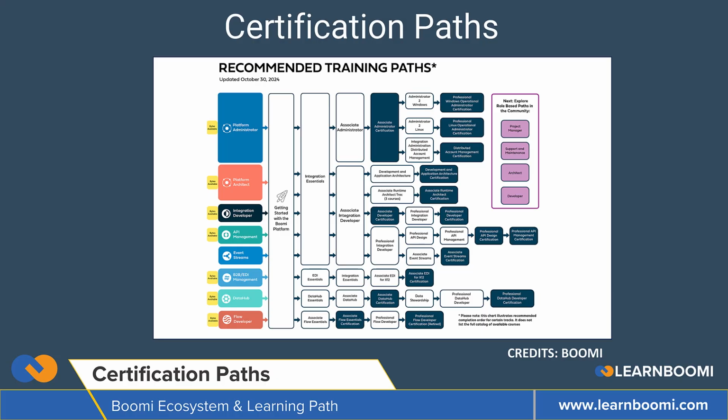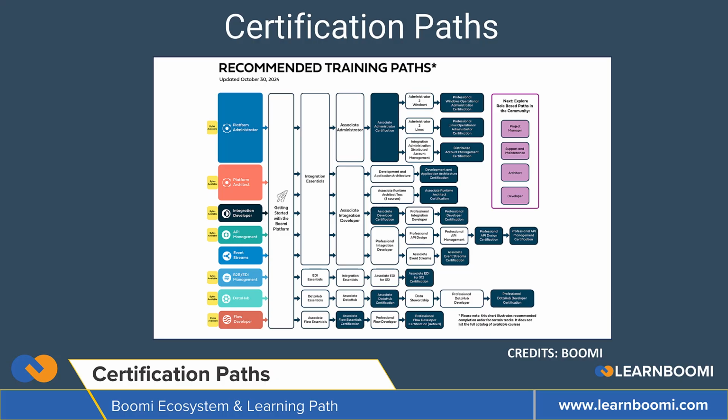Next are the platform administrator or architect tracks. If you look at the top of the diagram, these tracks are more focused on runtimes, infrastructure, Linux or Windows administration, account or environment management, distributed architecture, application design, scaling and governance.